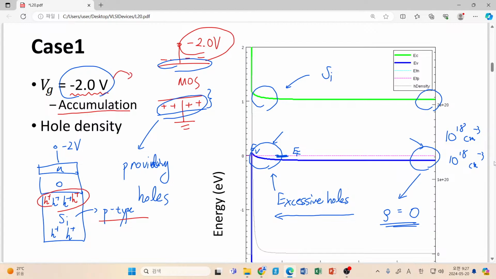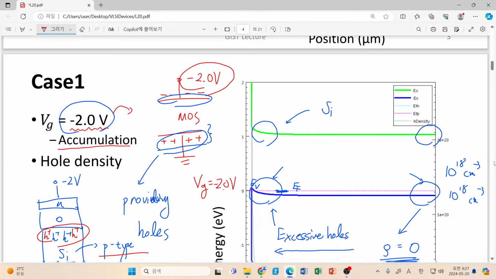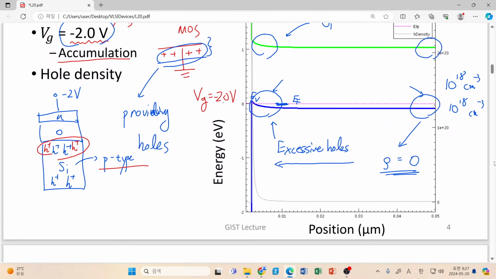Then what will happen? So here we have VG given by -0.2 volt, and the EF of our metal should be just 2.0 electron volt.